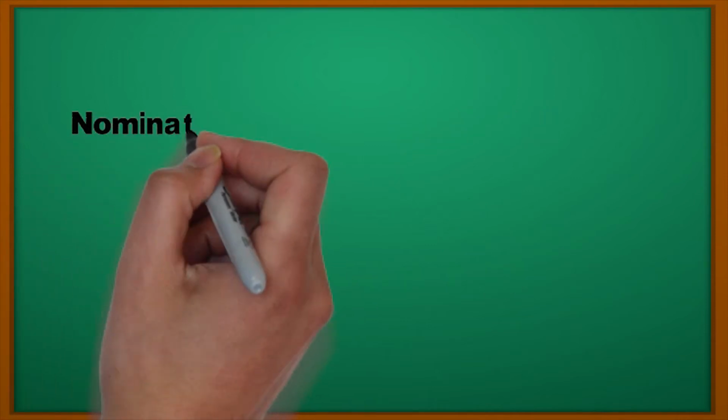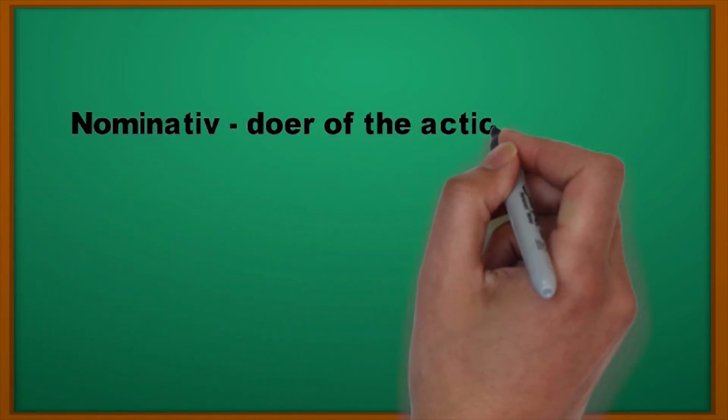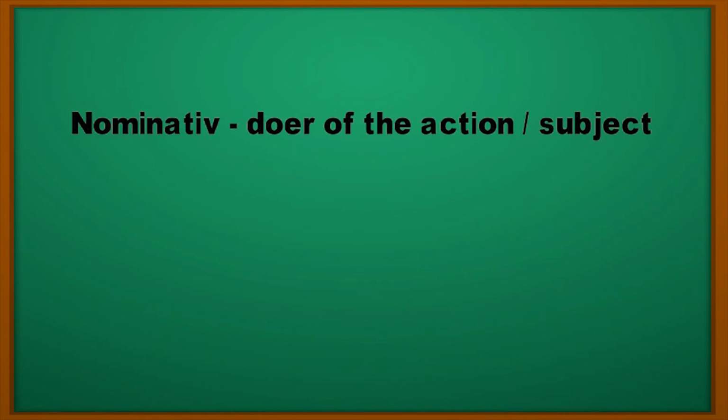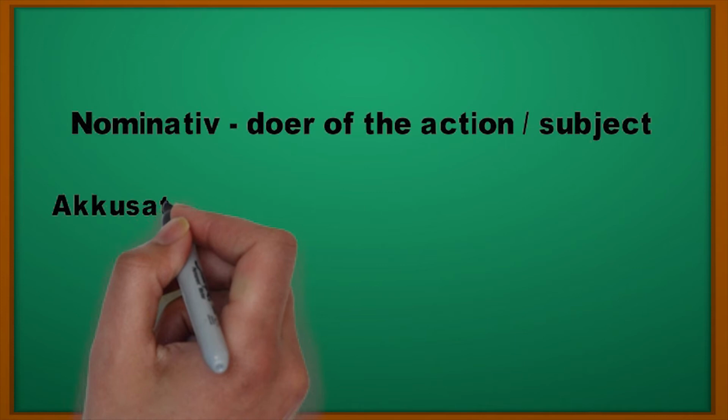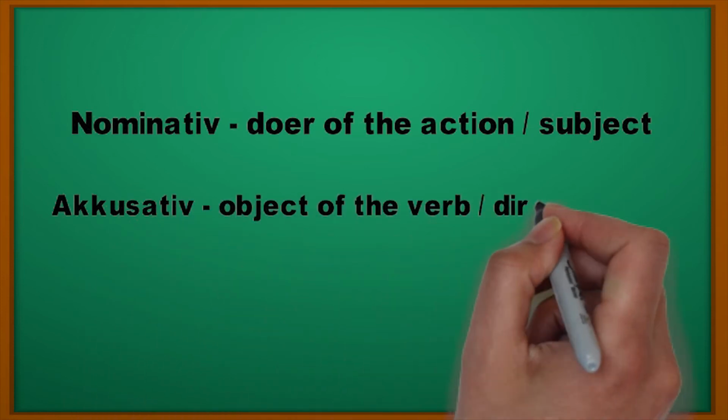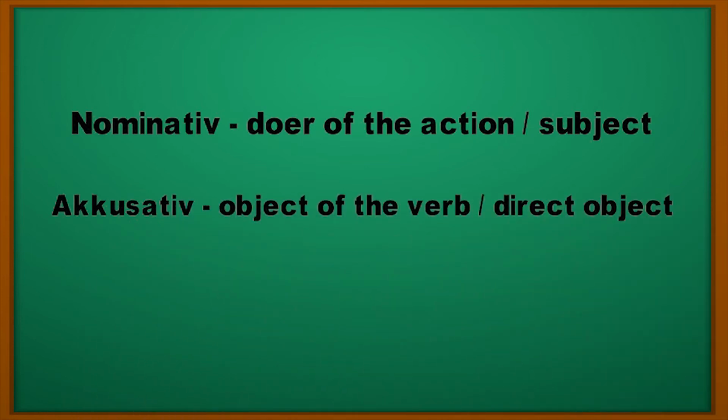The nominative case is the subject of the sentence and it performs the action of the verb, whereas the accusative case is the object of the verb. The case is also used after accusative prepositions and sometimes expressions.